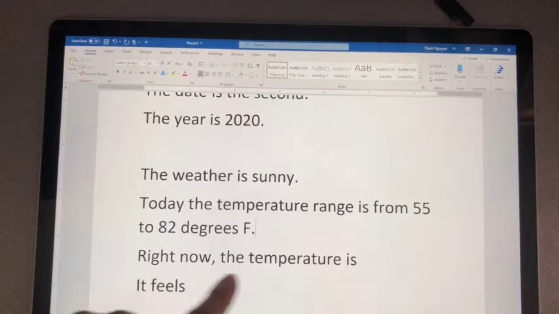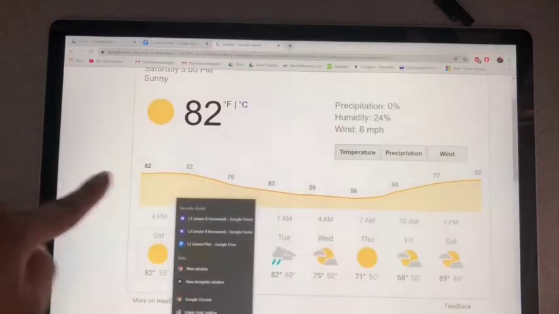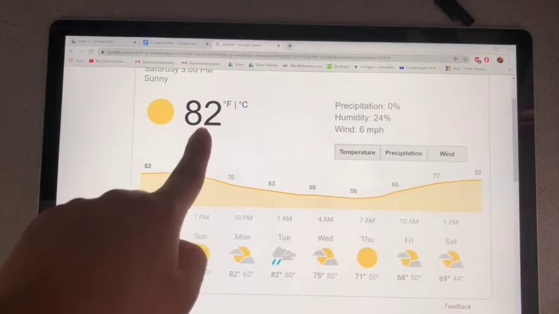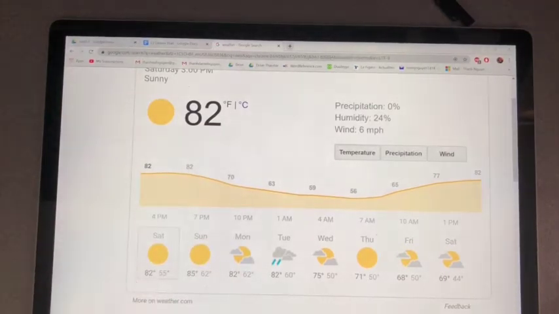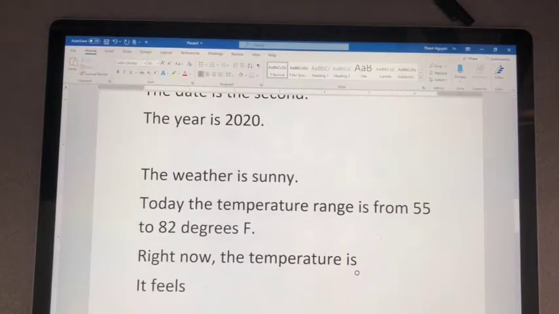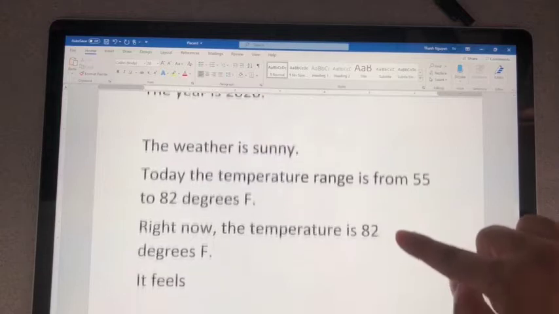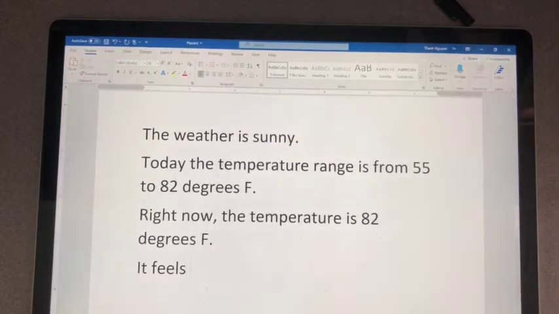Right now the temperature is 82 degrees Fahrenheit. It feels hot.